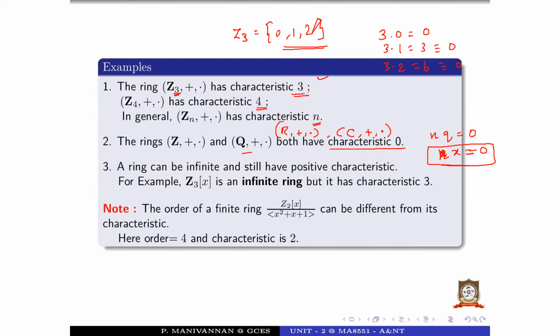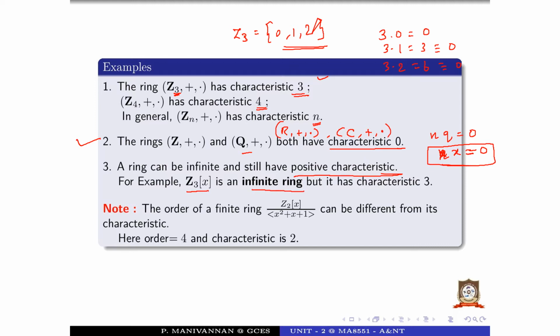Third example: a ring can be infinite and still have positive characteristic, that means some characteristic value exists. For example, Z3[x] is an infinite ring.